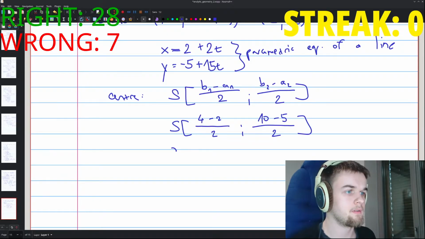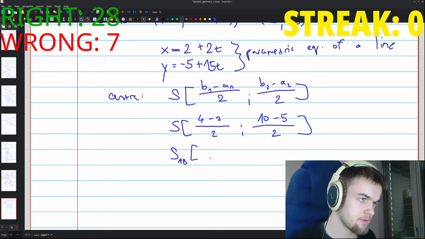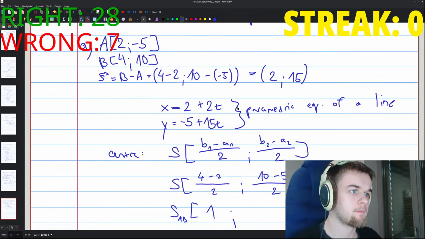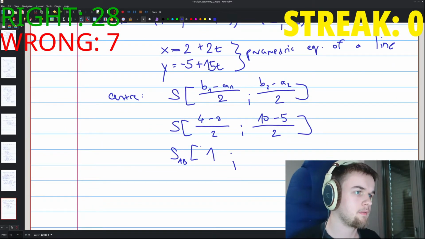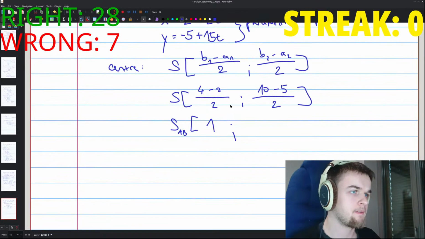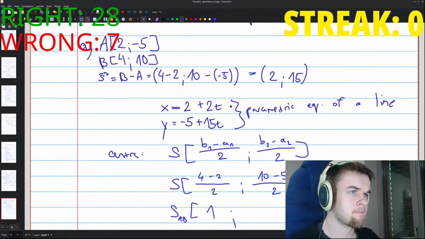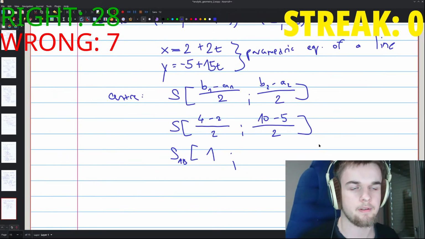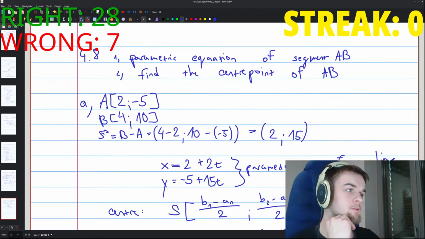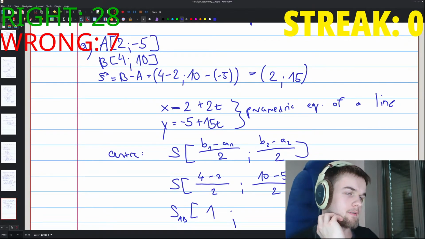The center point of the segment AB should be 4 minus 2, so that's 1. Okay, immediately I messed up. It should be 3. Okay, so very ironic. I should apologize for my hubris once again. The higher powers are showing me that I'm a stupid guy.